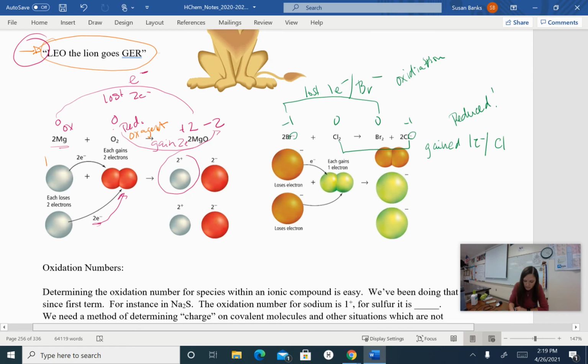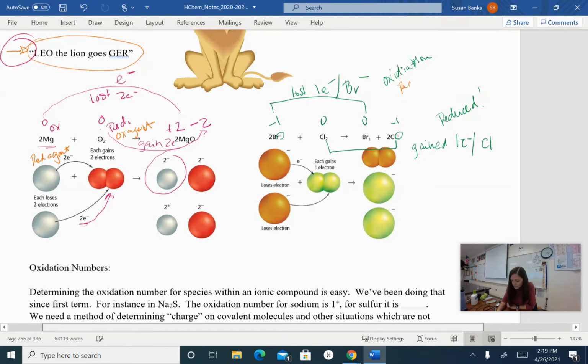So, this is going to be the reducing agent. Okay, do you think you could do it for this? Bromine to bromide to chlorine, chloride? Okay, so bromide got oxidized. So this is the reducing agent. And chlorine got reduced, so it is the oxidizing agent.